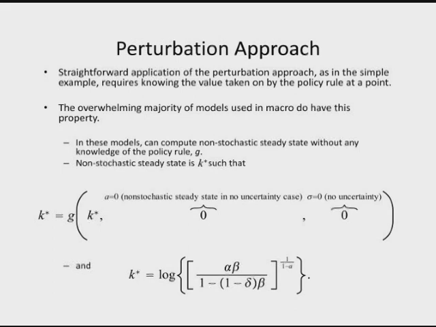Okay, but let's talk about the perturbation approach, which I say is not feasible in the occasionally binding constraint case. Well, first of all, to apply this approach, at least naturally or normally, you need to know the value of the function at a point.